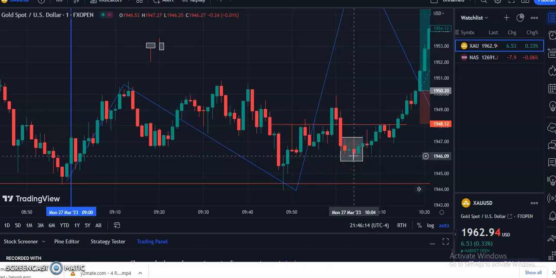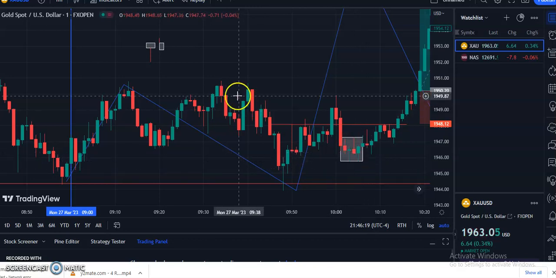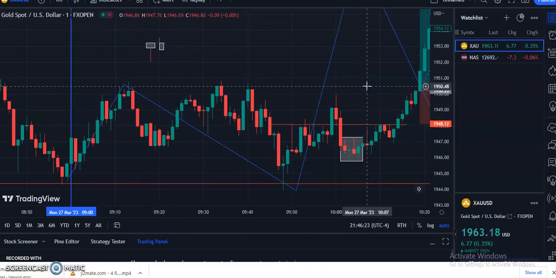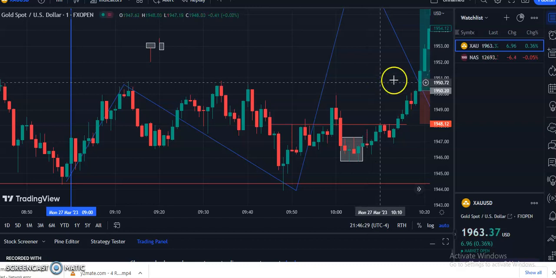And go do your research and look at what happens when you are at the high and you get these setups. But that is not the point. This is something that I've just noticed, and when I see it, it is something that I might incorporate in my trading strategy.